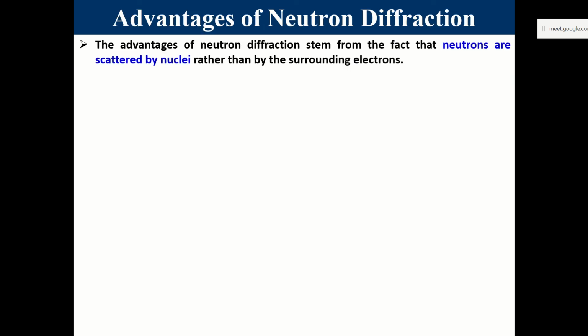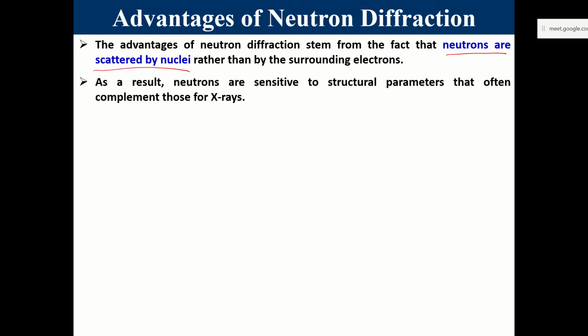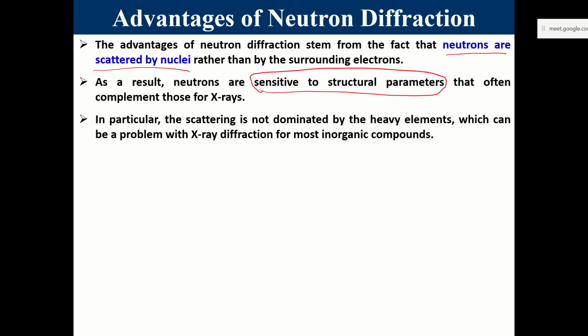Neutrons are scattered by the nuclei and not by electrons, because electrons are much lighter, so most of the scattering occurs with nuclei. So it is very sensitive to structural changes within the crystal, and sometimes it will give you a lot more information than X-rays.